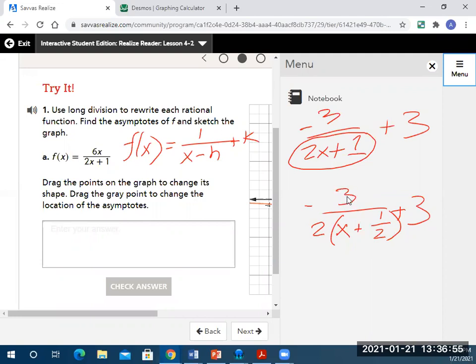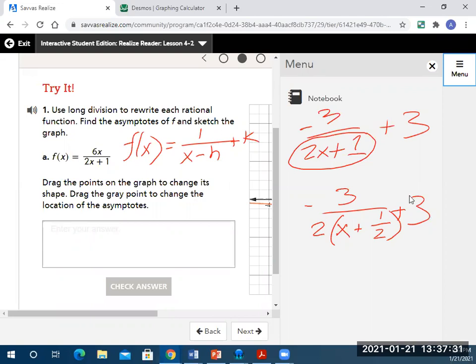What is the 3 going to do? A vertical stretch by 3, right? What is this half going to do? To the left by half a unit. And then what is this 3 going to do? Up 3 units. So our total translations are reflection over the x-axis first. Then it's going to be a vertical stretch by 3. Then it's going to get translated to the left by half a unit. And then shift up 3 units, right?